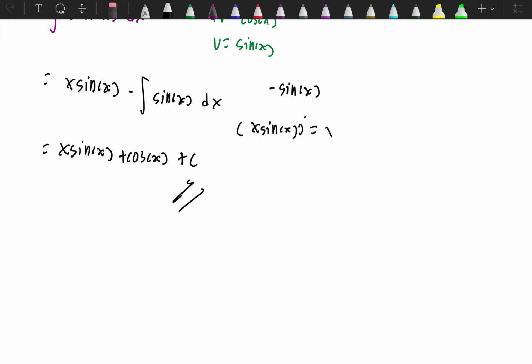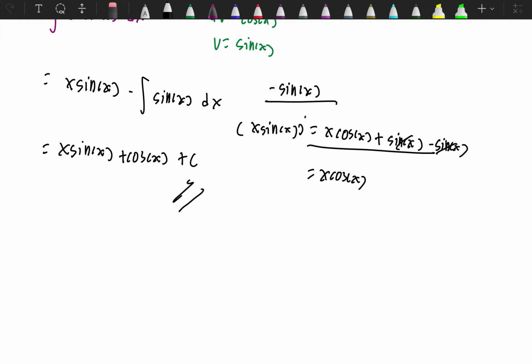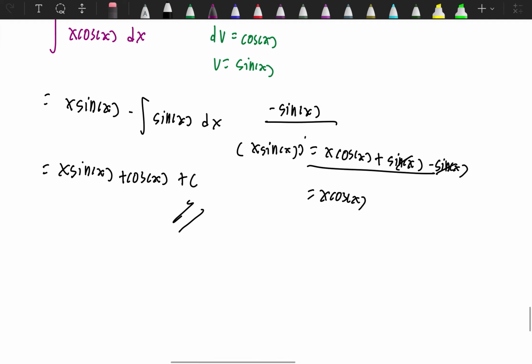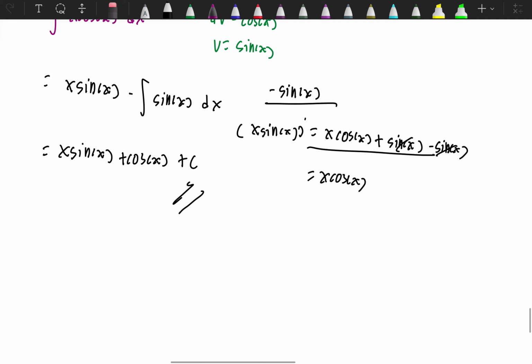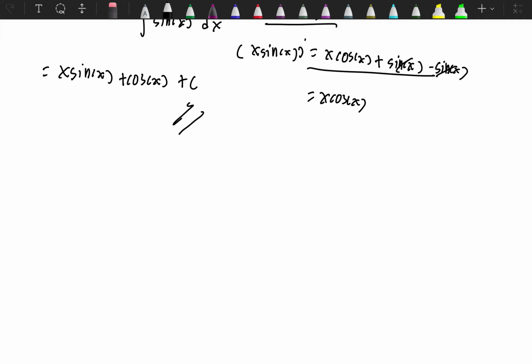So essentially we have x cosine of x plus sine of x, and this is your product rule because x derivative is just 1. And then you can add in this one, minus sine of x, and these cancel, leaving you with x cosine of x. So math works. Math definitely works. So this is essentially your proof as to why integration by parts works. Now we're going to go into a rather more difficult example, I would say.